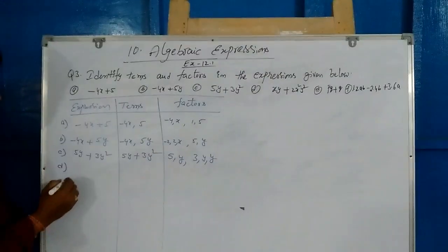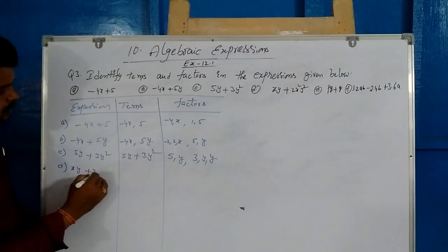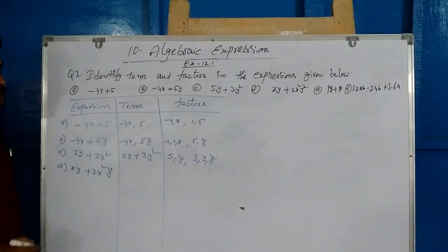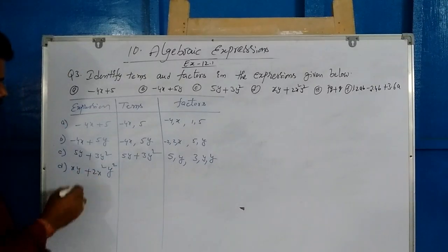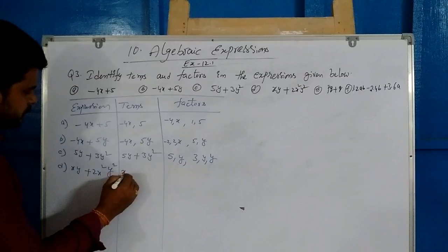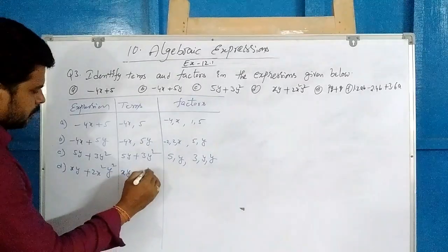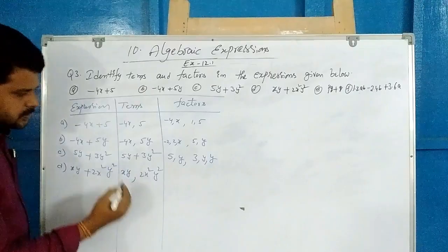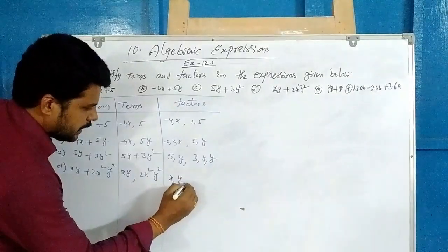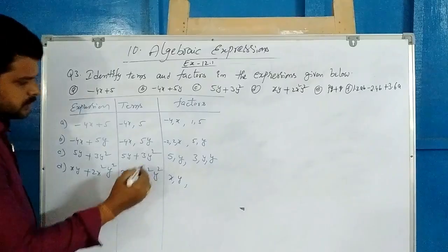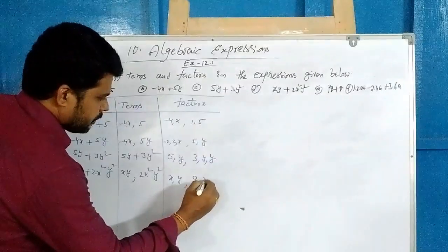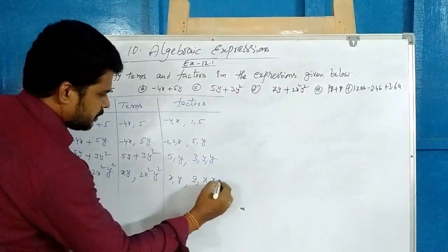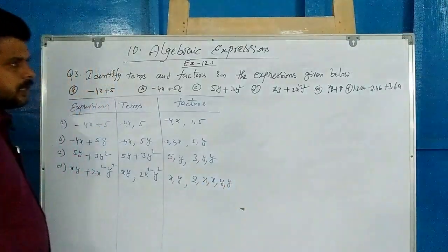Next, xy plus 2x square y square. So here also we have 2 terms. xy is one term, 2x square y square is another term. What are the factors of xy? x comma y. Next, 2x square y square factors 2, x, x, y square means y, y.